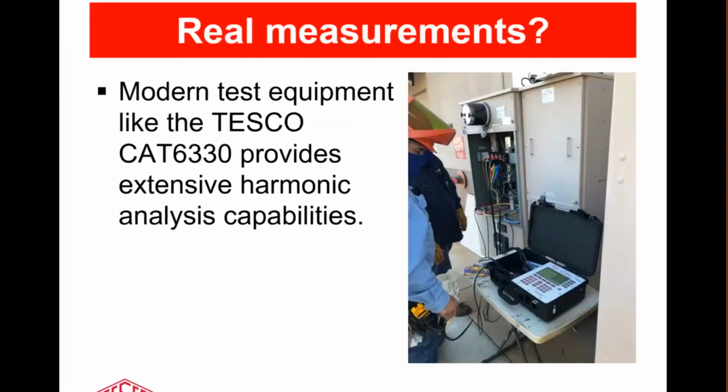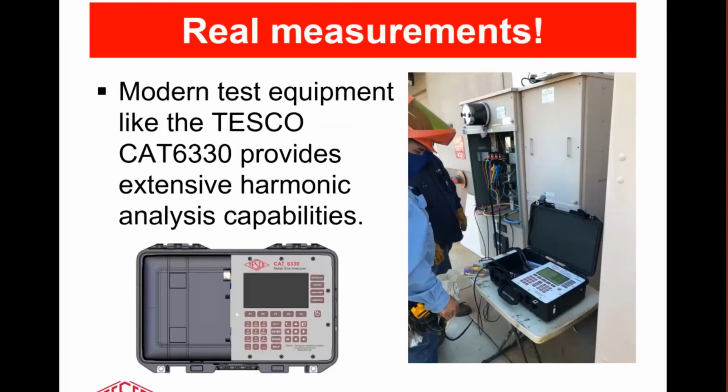Okay, so how do we really do this? Well, there's a lot of modern test equipment that can measure harmonics in the field. And we're very proud at TESCO of our new CAT 6330, which is a meter site analyzer system that we think is really neat.